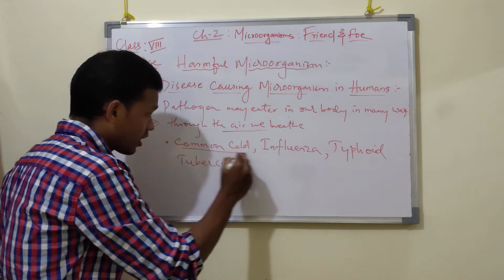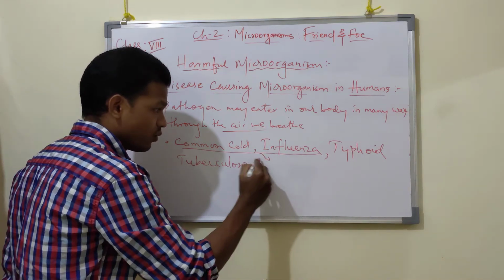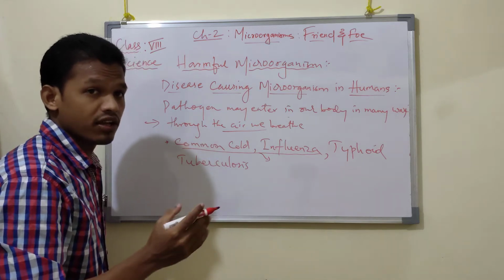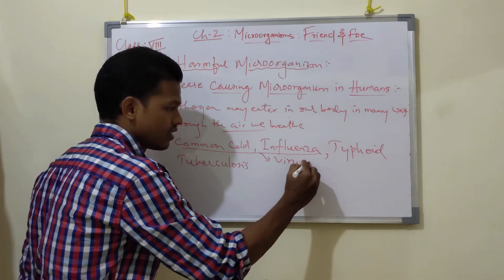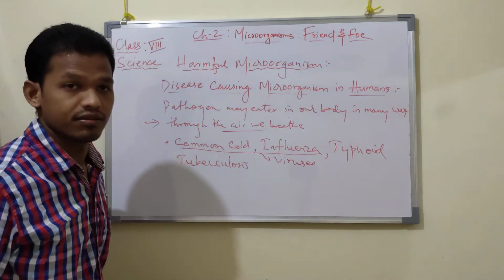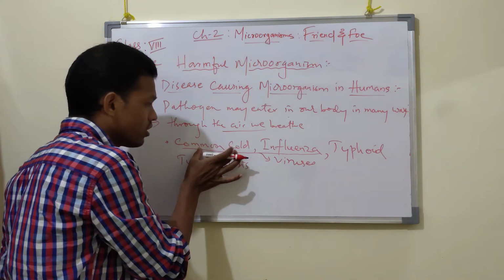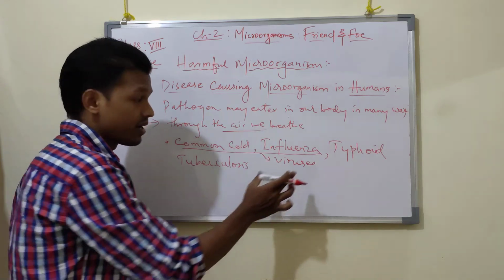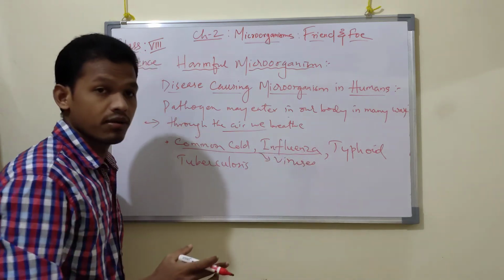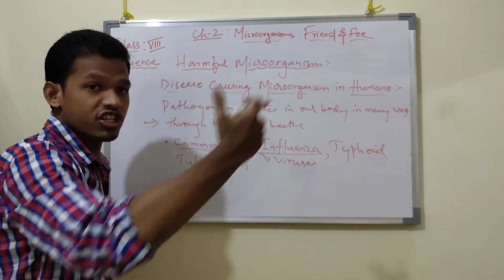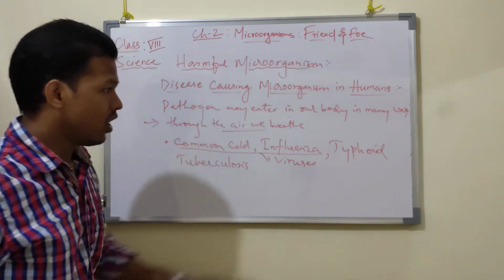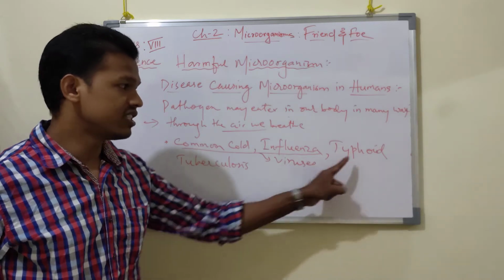Common cold and influenza, what are the microorganisms here? That is viruses. Common cold is caused by a microorganism named virus. Influenza is also caused by virus, and they transmit through air from one person to another.